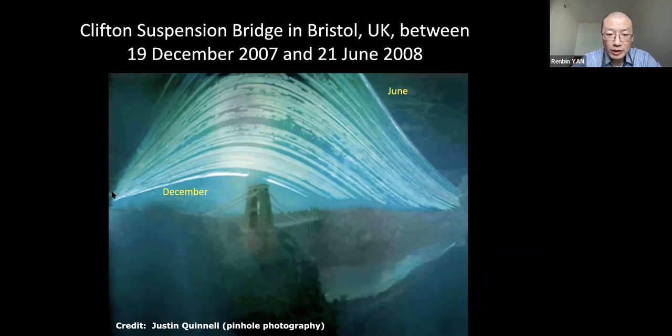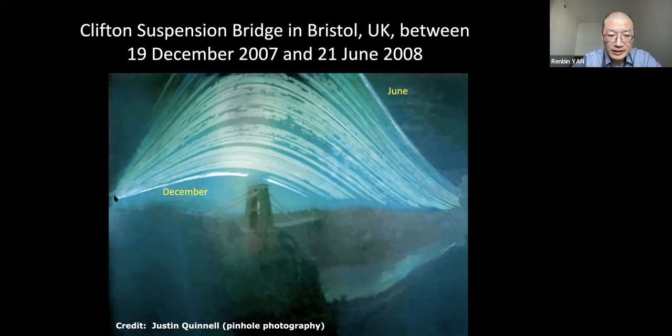A pinhole camera is basically a camera with a very, very tiny pinhole in front, so it allows in very little light at a time, and they kept exposing it for a year, and then they were able to trace out the tracks of the sun throughout the sky for the whole year.